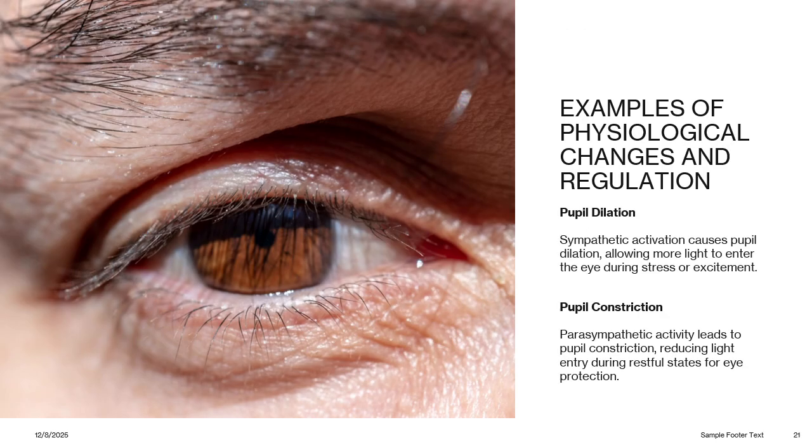So, for example, physiological changes include pupil dilation during sympathetic activation and constriction during parasympathetic activation, exemplifying the dynamic regulation of body function.